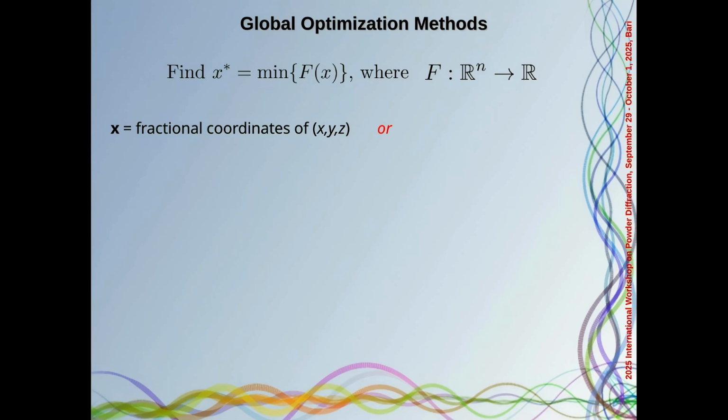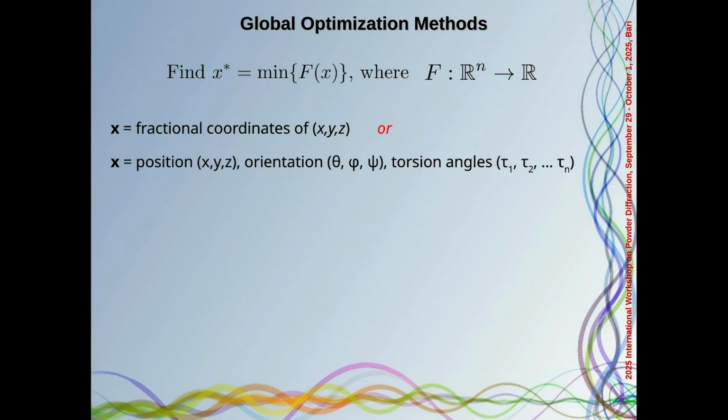The best approach is to describe our system in terms of molecular fragments. For each molecular fragment, we have 3 variables related to the fractional coordinates of the center of mass. The orientation of this molecular fragment in space can be defined using 3 angles, and the intramolecular geometry can be described using a set of torsion angles.